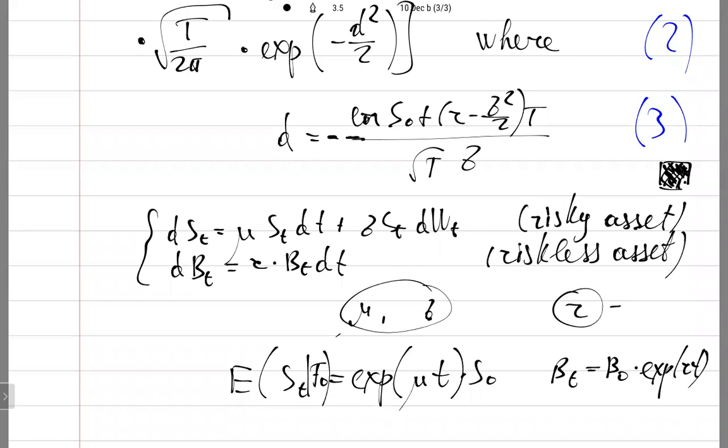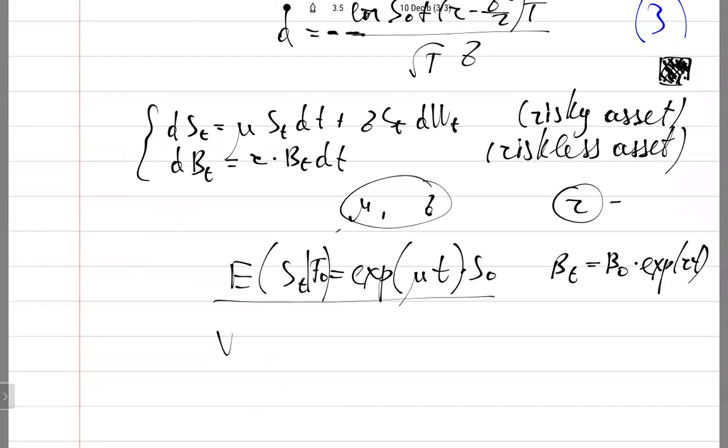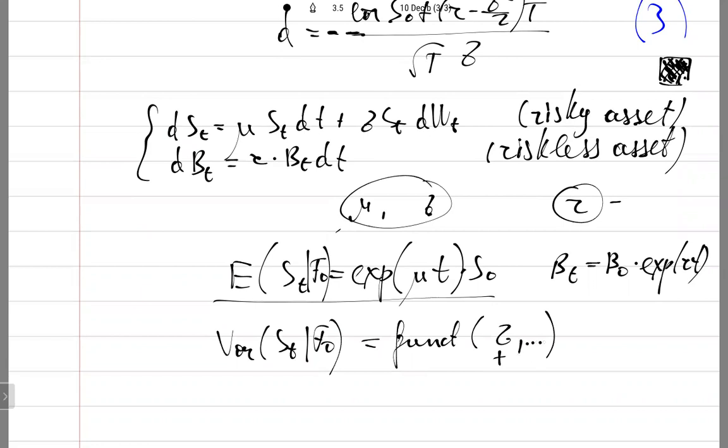But in a rigorous mathematical way, when you calculate not the expected value but the variance of St given F0, it will be some function that positively depends on sigma. So the meaning of sigma is volatility, and we can find how the variance of our share price depends on sigma, okay?